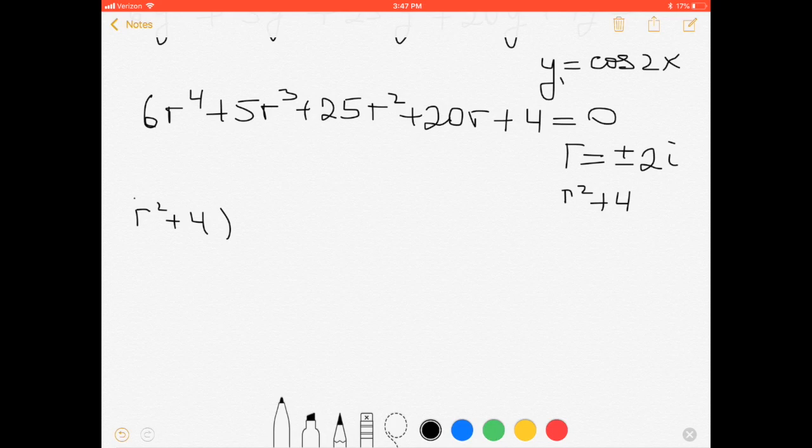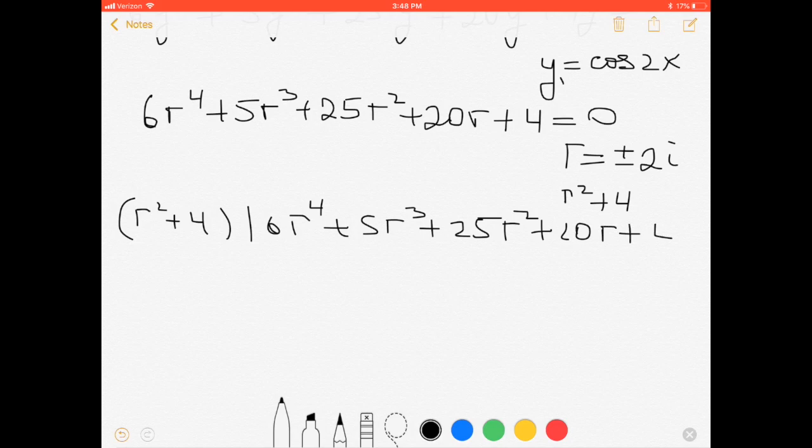We divide this polynomial: 6r to the fourth plus 5r cubed plus 25r squared plus 20r plus 4.